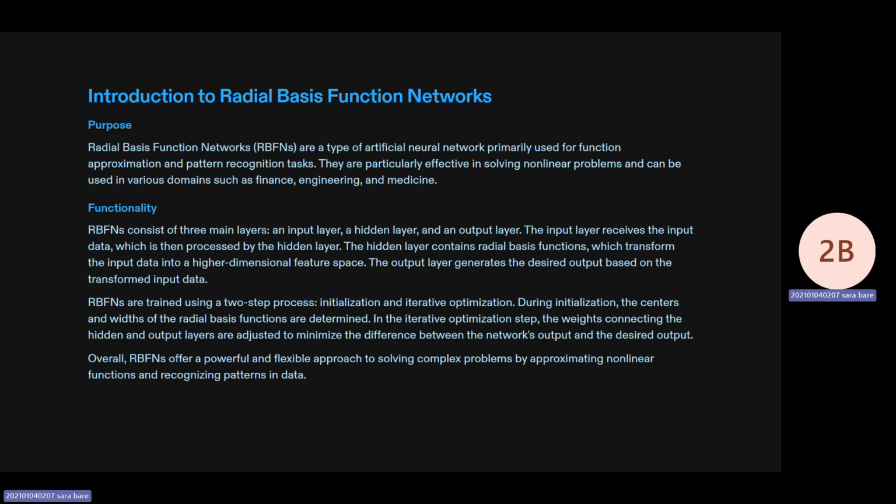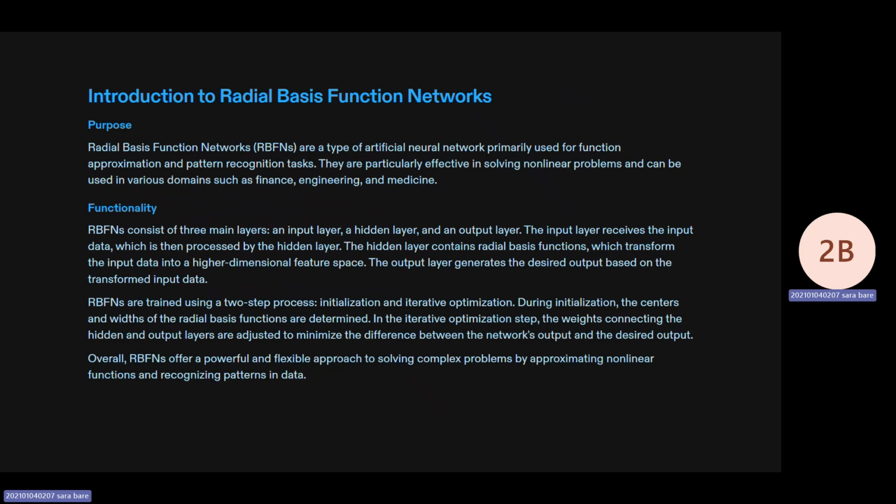Its functionality. A radial basis function network consists of three main layers: input layer, hidden layer, and output layer. The input layer receives input from the data, which is processed by the hidden layer. The hidden layer contains the radial basis function, which transforms the input data into a higher dimensional feature space. The output layer generates a desired output based on the transformed input data.